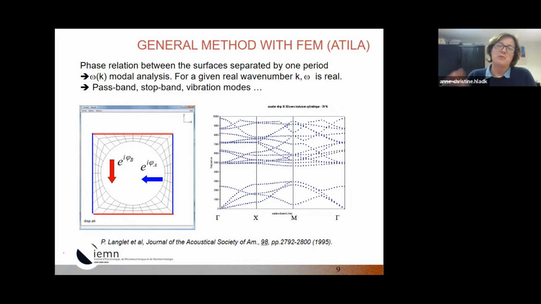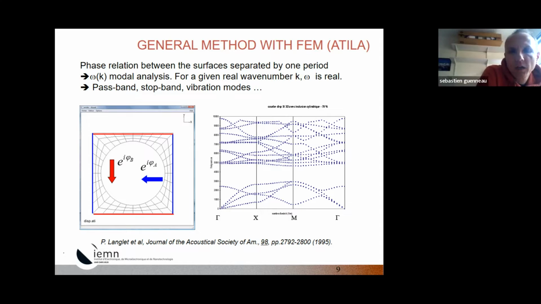Then we came back to this topic around 2005, 2010, and now this paper is well cited, but at the beginning, no.